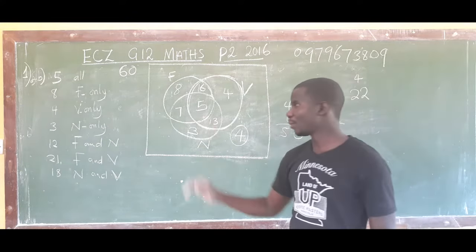Here what we are supposed to do is to copy and complete. We are using this one to divide all these. So here we're going to say 33 divided by 52. What do we get?